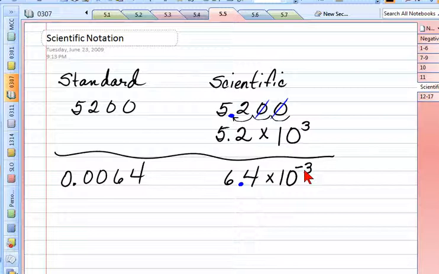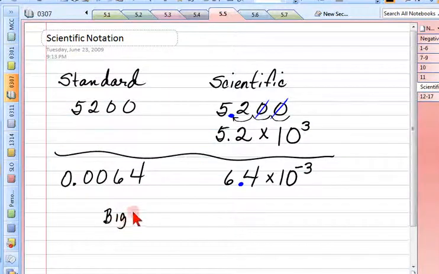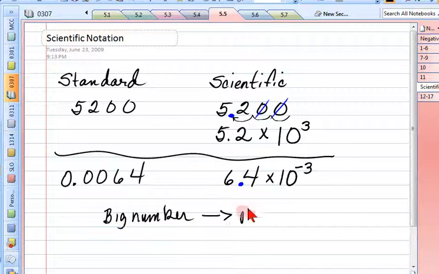Here's what I'm going to tell you. In standard notation, if the number is big, then the exponent is positive. If the number is a tiny decimal, then the exponent is negative. And I'm going to write that down. Big number, positive exponent.